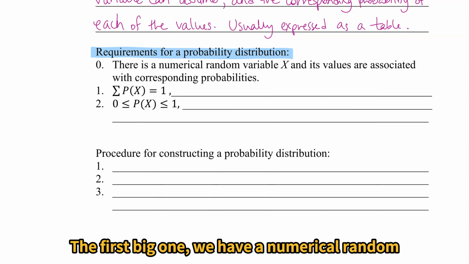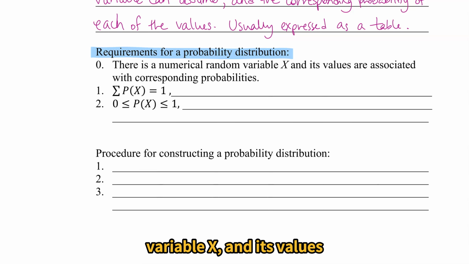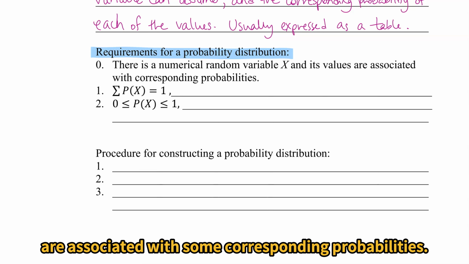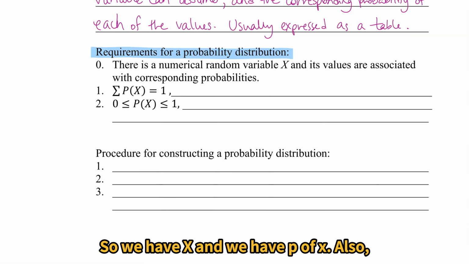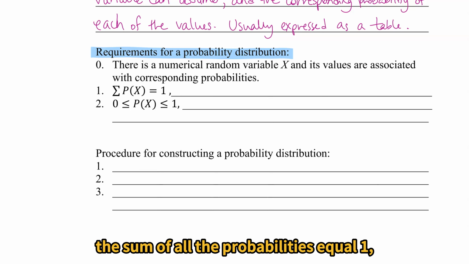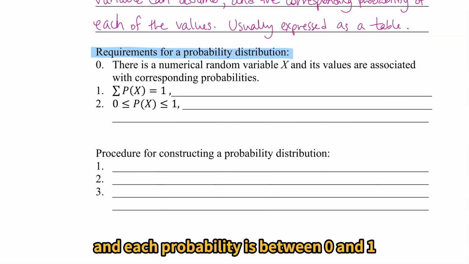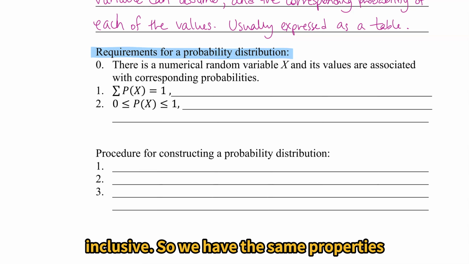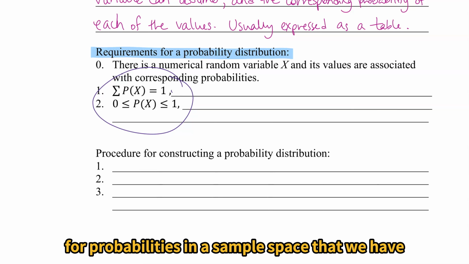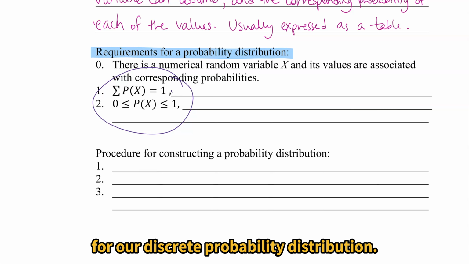The first big one, we have a numerical random variable x, and its values are associated with some corresponding probabilities. So we have x, and we have p of x. Also, the sum of all the probabilities equals 1, and each probability is between 0 and 1 inclusive. So we have the same properties for probabilities in a sample space that we have for our discrete probability distribution.